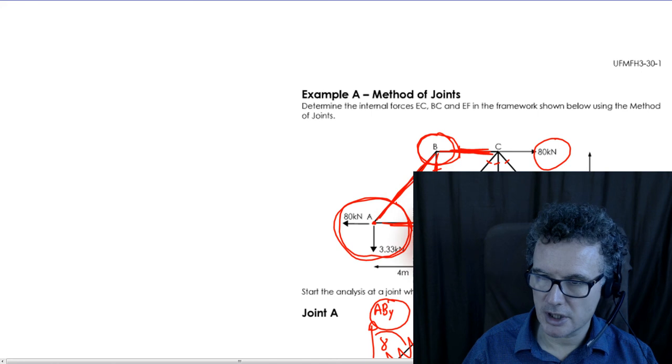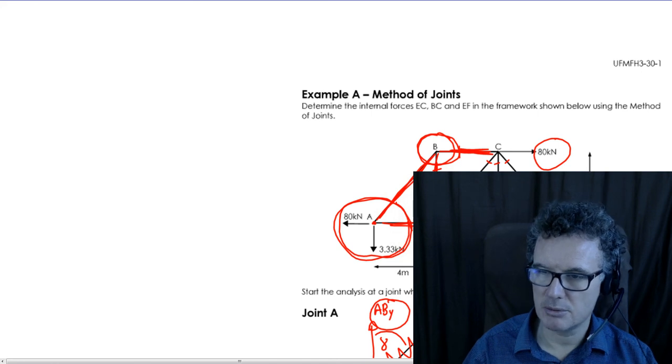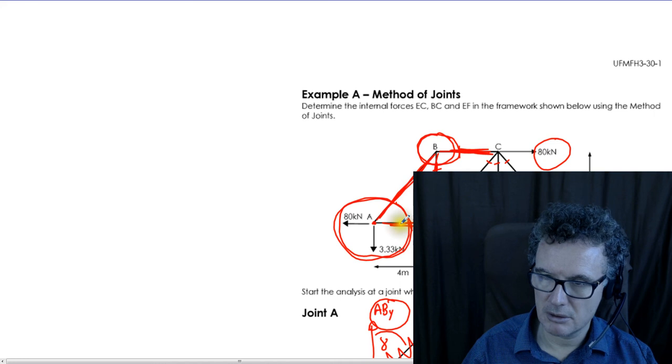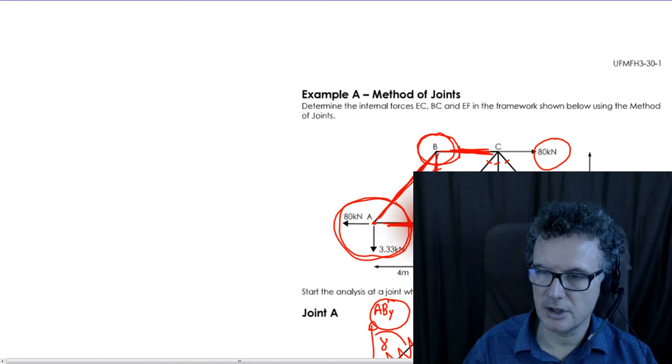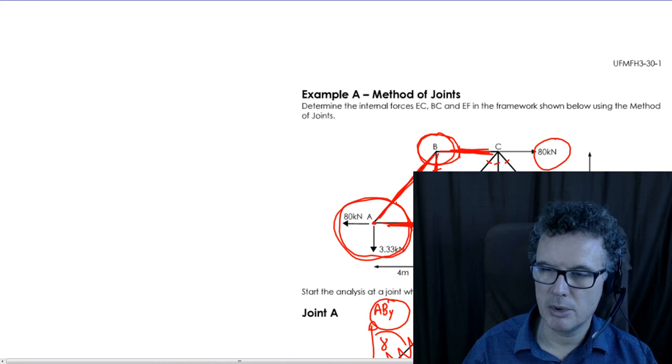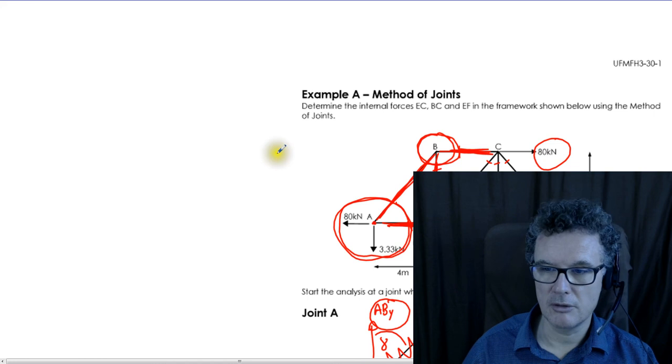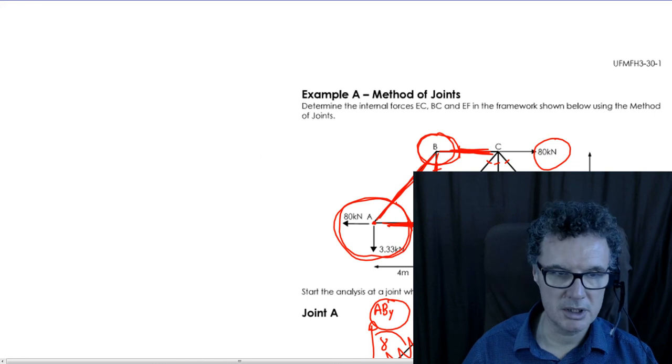So the only choice that I can move to is to move to E and cut through its members. I know the internal force in that member, and I know the internal force in that member. When I cut through, I'll only be exposing 2 unknowns. So I've got no option but to go to E next.